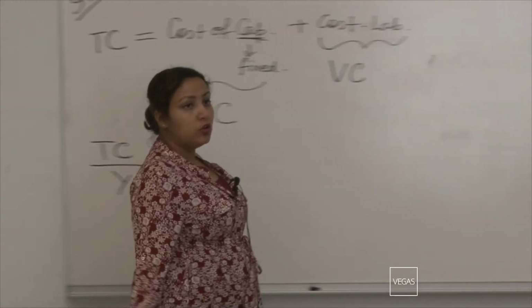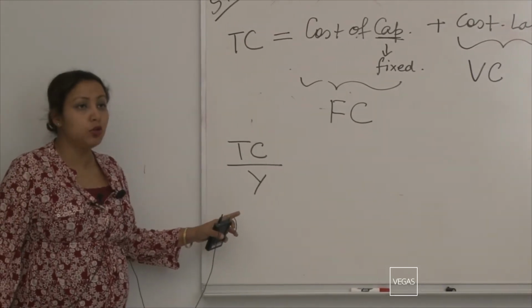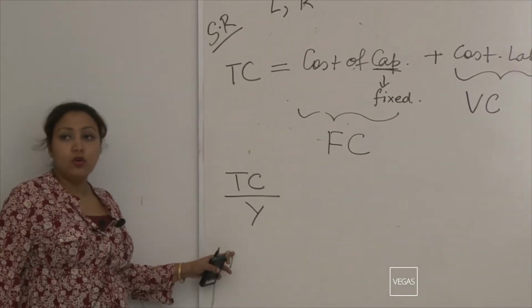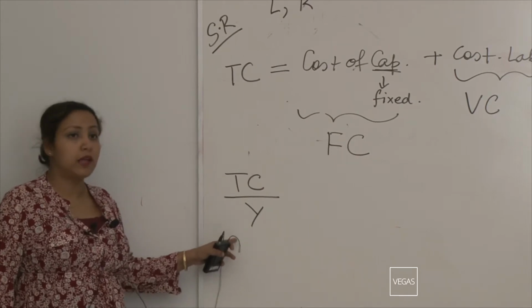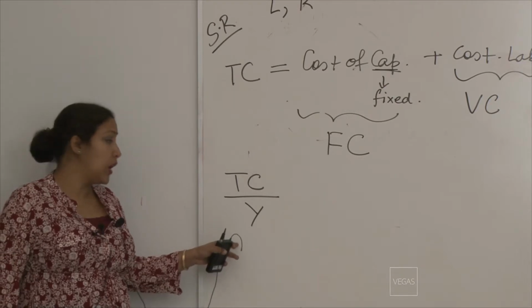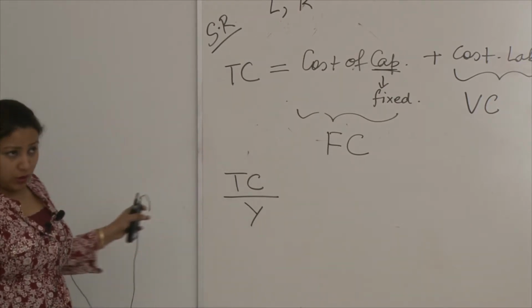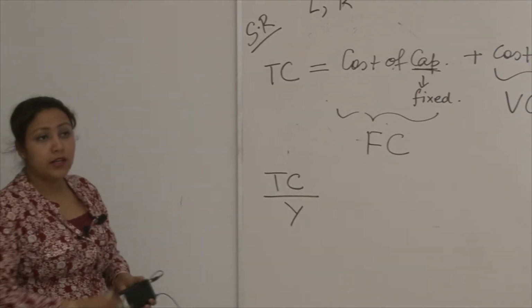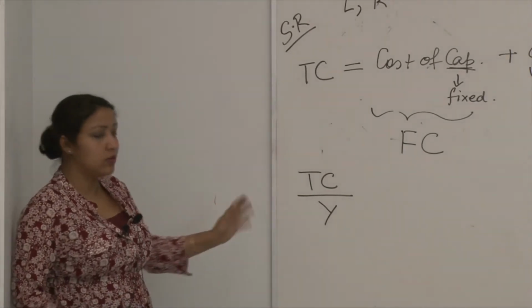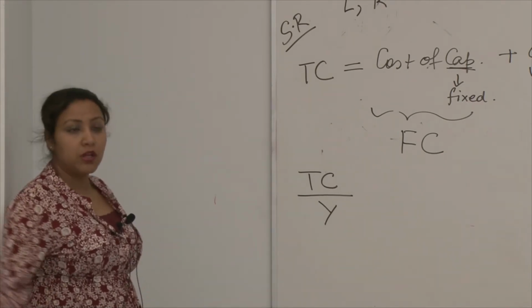In your lecture note, that Y is given as capital Q. It's the same thing. Keep a note to yourself. That note is from my microeconomics class, and in their textbook it is given as capital Q. But in some of the later notes that I give you in your healthcare economics, it is given as Y, so I wanted to use Y for you guys. But it's the same thing, Y or Q.